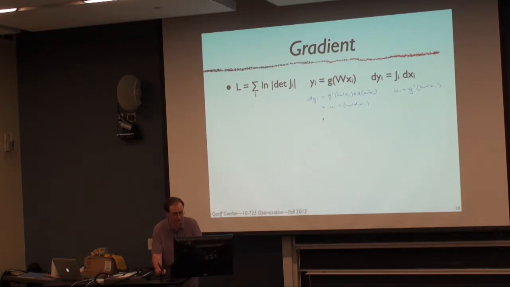So we'll write this as diag of u_i times W dx_i. And so now we have an expression for J_i. So J_i is now equal to diag of u_i times W.